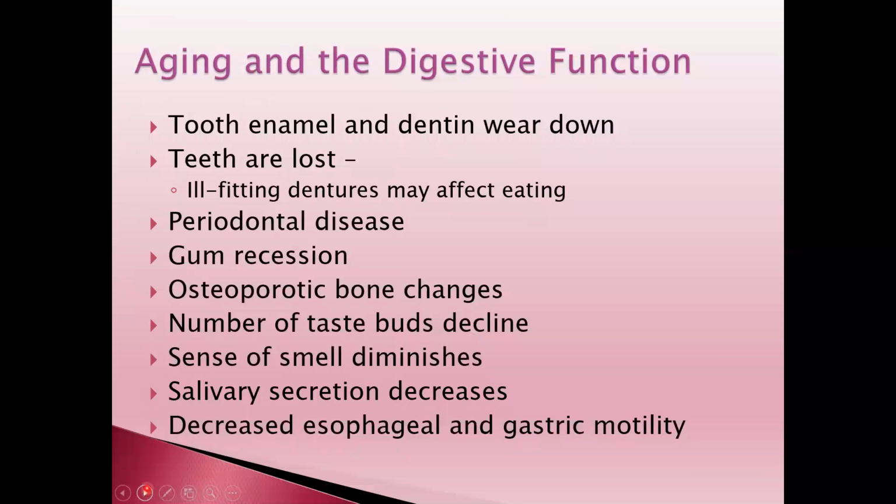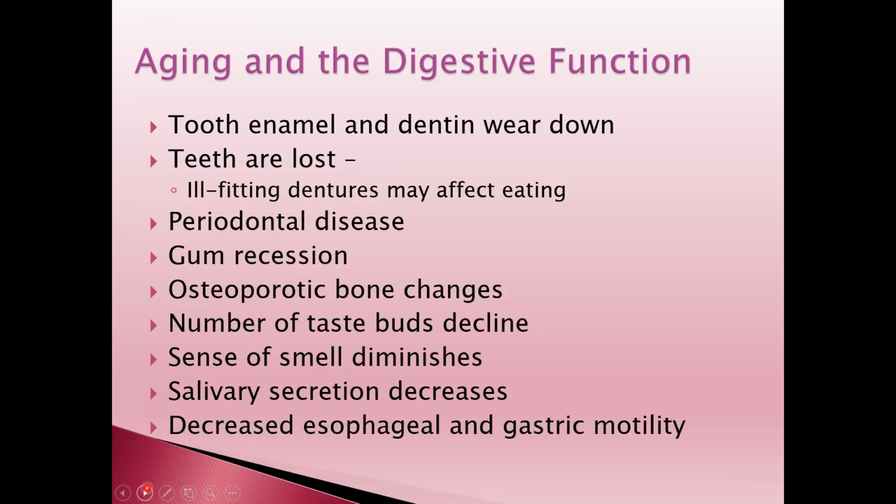So let's talk about aging and the digestive function. Well, when we age, just like everything else, things wear down. Tooth enamel and dentin wear down. Teeth are lost. Ill-fitting dentures may affect eating, which is something we consider with our patients. Sometimes there's periodontal disease, gum recession, osteoporotic bone changes, all of which might affect mastication.